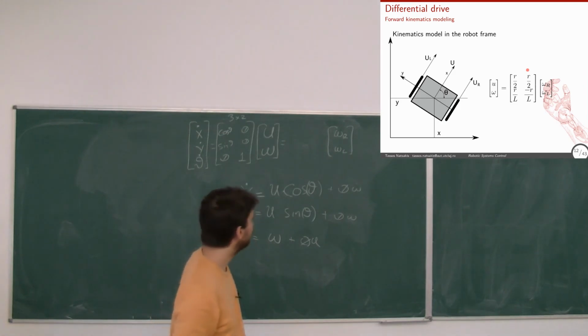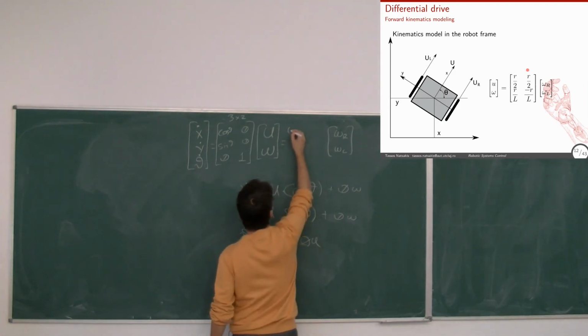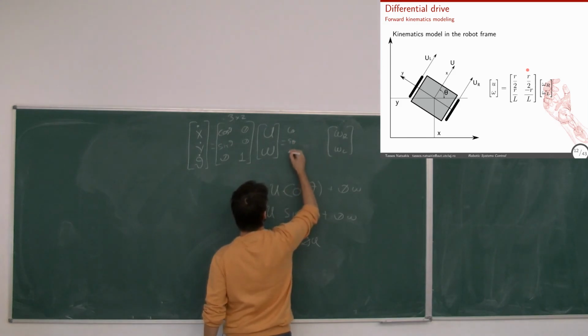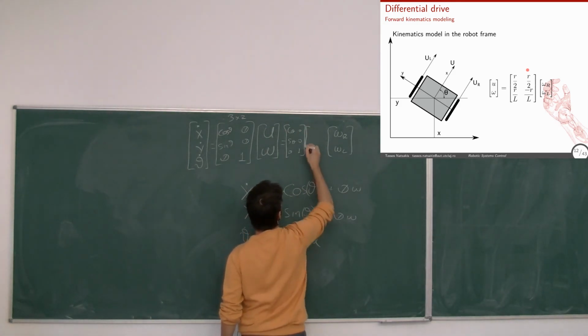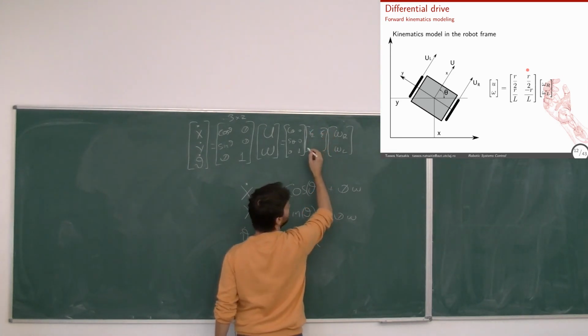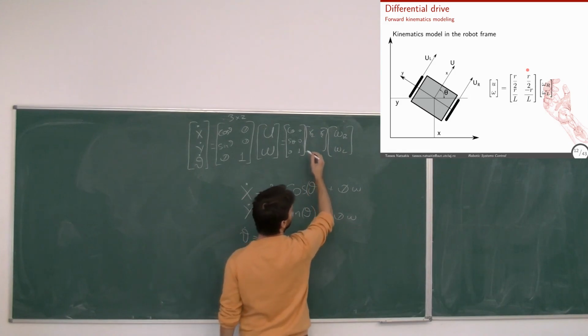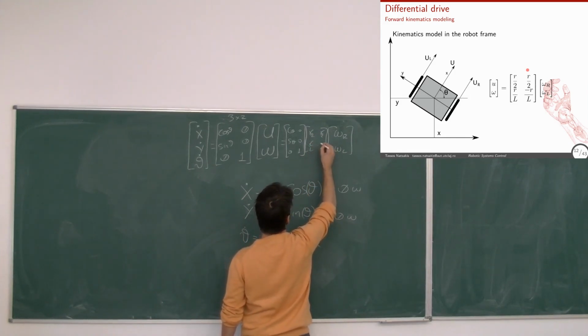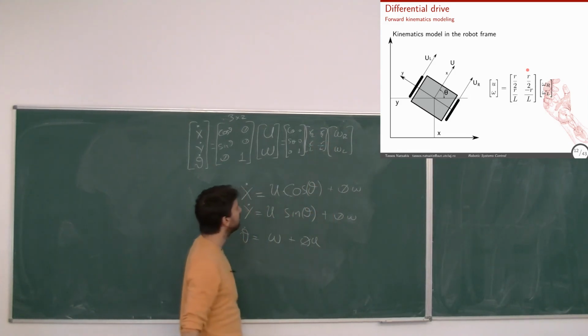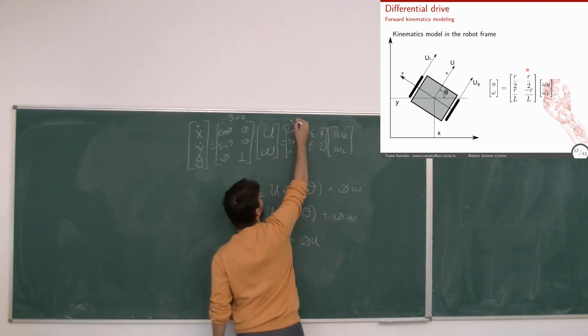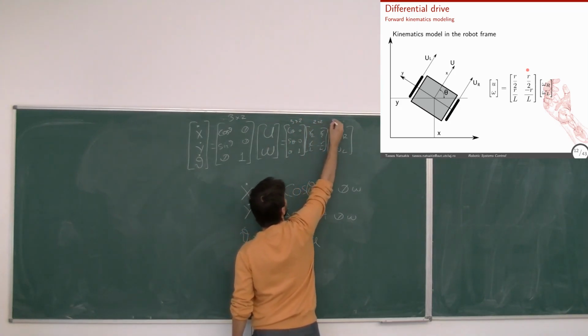Let's write cos theta, sin theta, 0; 0, 0, 1... times r over 2, r over 2, r over L, minus r over L. Okay, this is a 3 by 2, this is a 2 by 2, this is a 2 by 1.